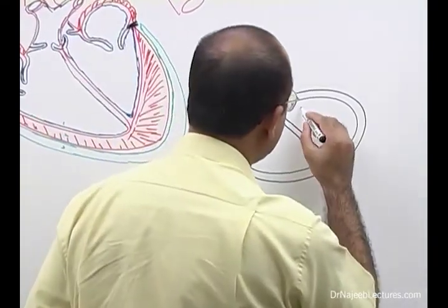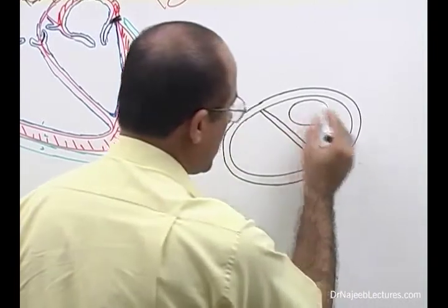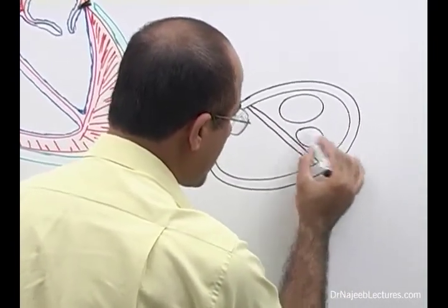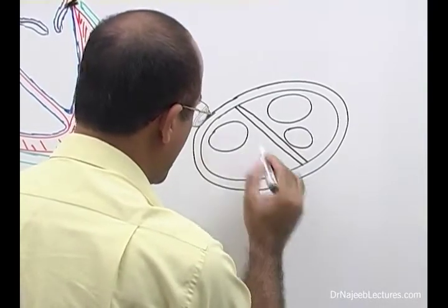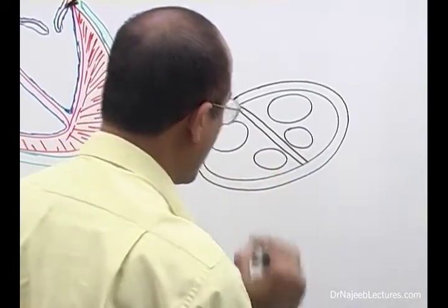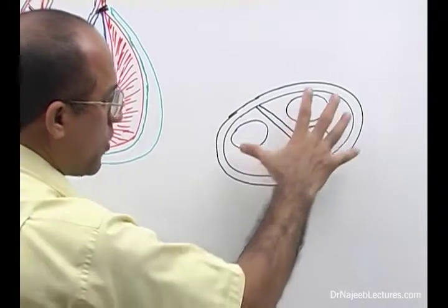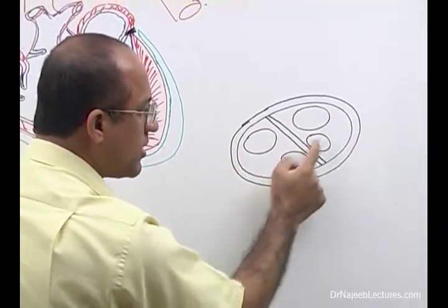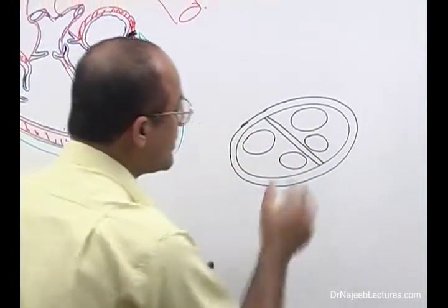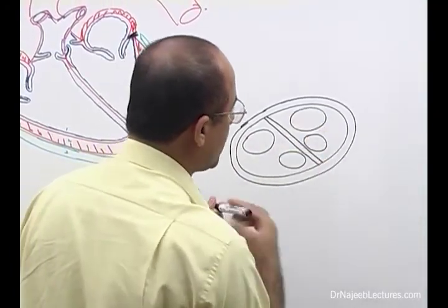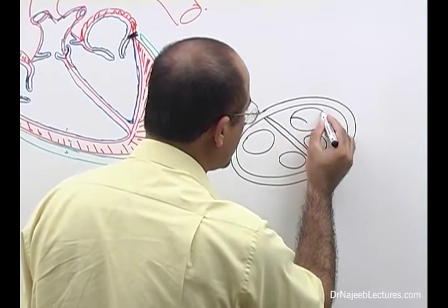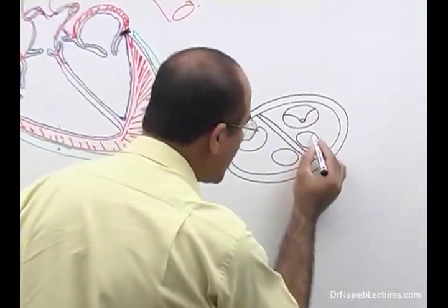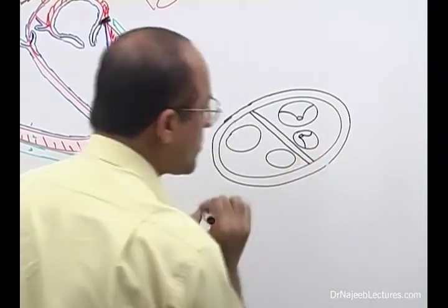Now, on each side there are two apertures. Now, listen. There is a big fibrous ring in which there are four apertures, right? This is the area for the mitral valve. Mitral valve is mounted over here. This is the area for aortic valve.